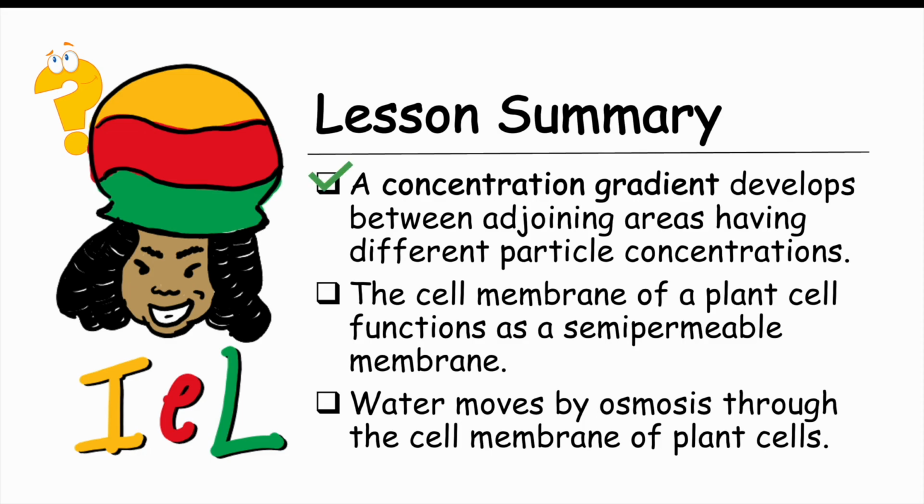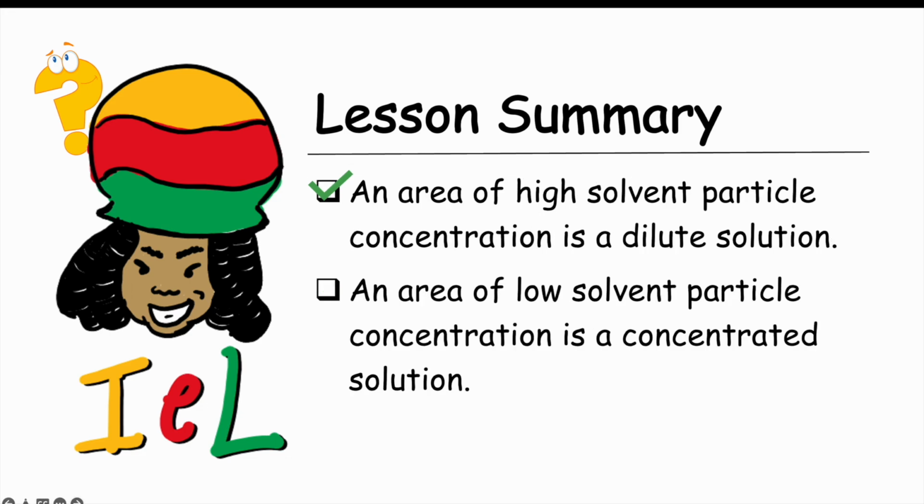A concentration gradient develops between adjoining areas having different particle concentrations. The cell membrane of a plant cell functions as a semi-permeable membrane. Water moves by osmosis through the cell membrane of plant cells. An area of high solvent particle concentration is a dilute solution.